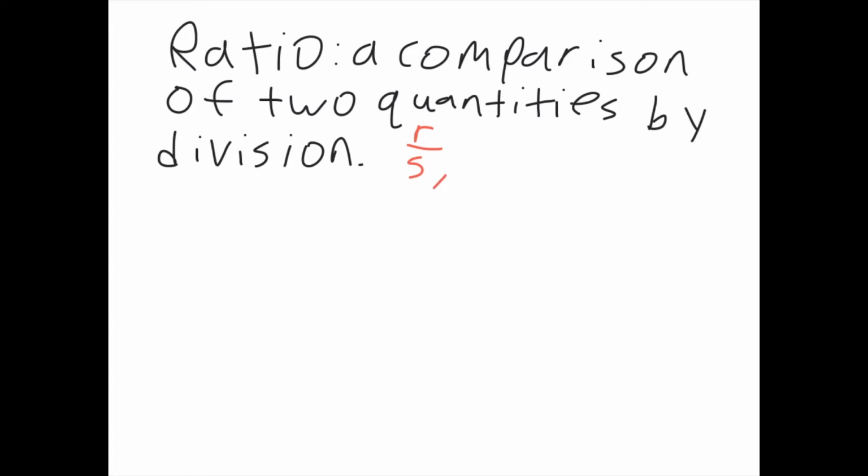Another way you'll often see is with a colon in between them. So, r colon s. Or they'll just say exactly what it stands for, R to S. So it's the ratio from R to S.